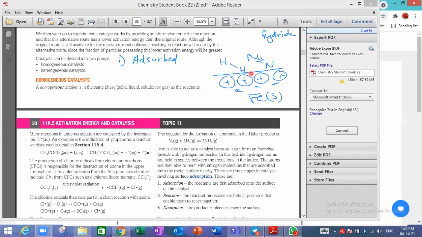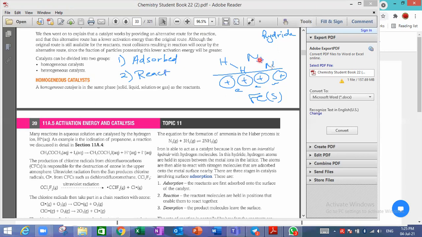And so when this hydrogen atom is held in between the positive ions, and as the nitrogen molecule is also adsorbed, meaning it sticks at the surface of the iron metal, then it will be near the hydrogen atoms that are now found in between the positive ions of the iron. So they are going to react together. So the second step is to react the hydrogen atoms together with the nitrogen atoms.